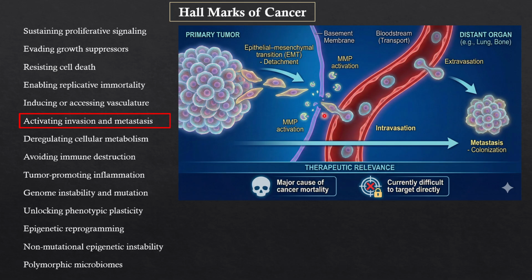By the activation of MMPs, or matrix metalloproteinases, they can travel through the blood vessels, which is called intravasation, where they go into the bloodstream and can travel to other parts of the body and distant organs like the lungs and the bone. So intravasation is when these cells enter the bloodstream, and extravasation is when they exit the bloodstream, metastasize and colonize a new organ or a new region of the body.